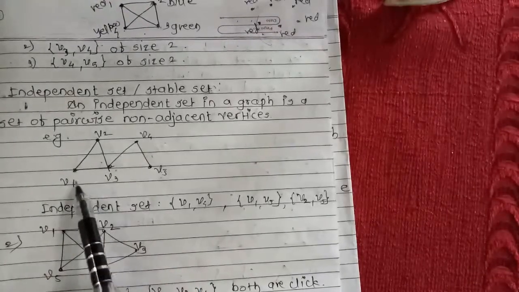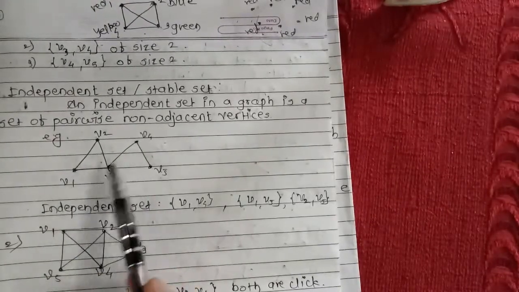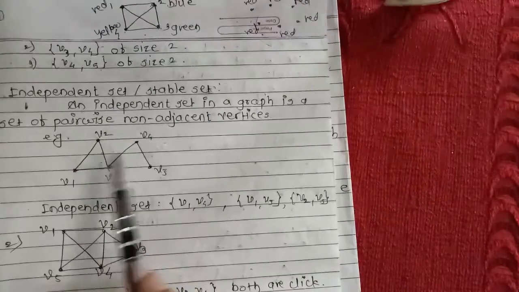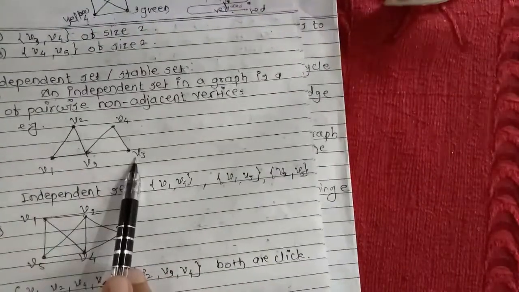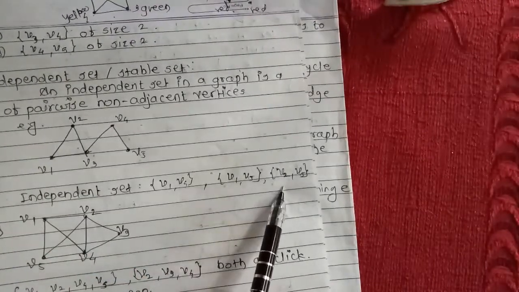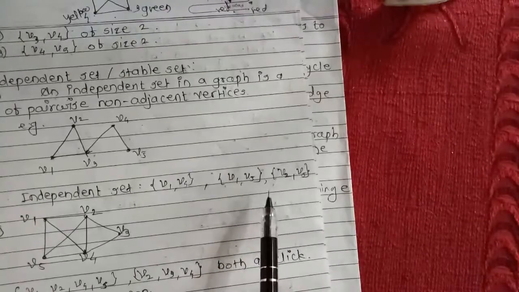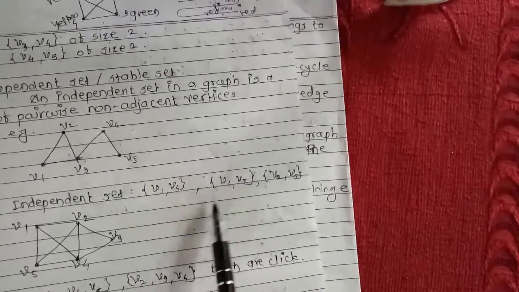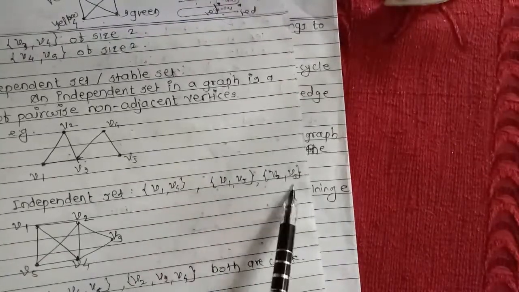Therefore, we can make an independent set of these two vertices, V1 and V4. Similarly, {V1, V5} and {V2, V5} are independent sets, and the size of each of these three sets is 2, because there are only 2 elements in each set.